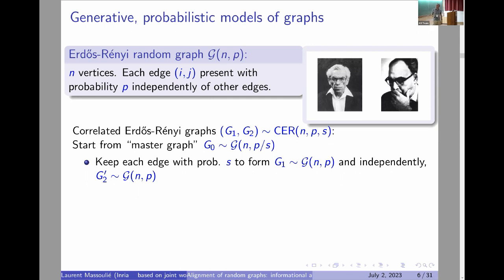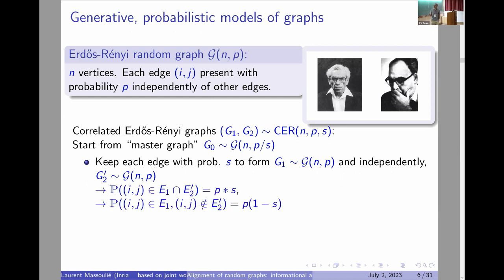And we do this independently of what we have done for downsampling for G1. So that gives us G'2, okay? And you can work it out. The probability that an edge ij is in both edge sets of G1 and G'2 is going to be ps. The probability that an edge is in E1, not in E'2 is p(1 minus s). And so the statistics are quite straightforward. You can really write them down. And indeed, we have two correlated random graphs.